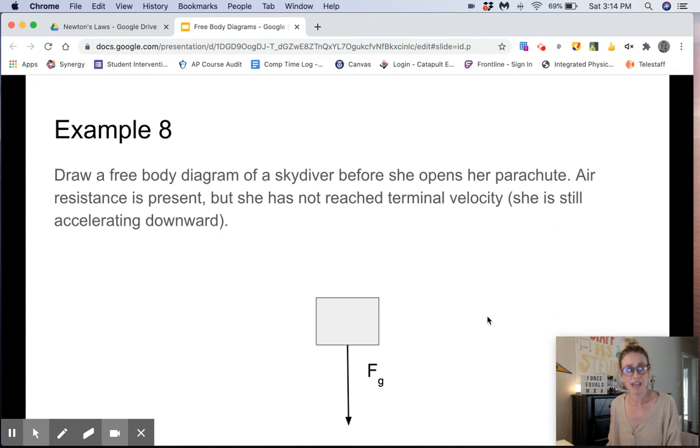Therefore, the net force, the longer force vector, has to be pointed downward. That's the direction of our acceleration. So therefore, our force of air resistance is upward because, just like friction, it opposes the motion, and it's going to be a smaller force. And therefore my net force is down and my acceleration is pointed downward as well.